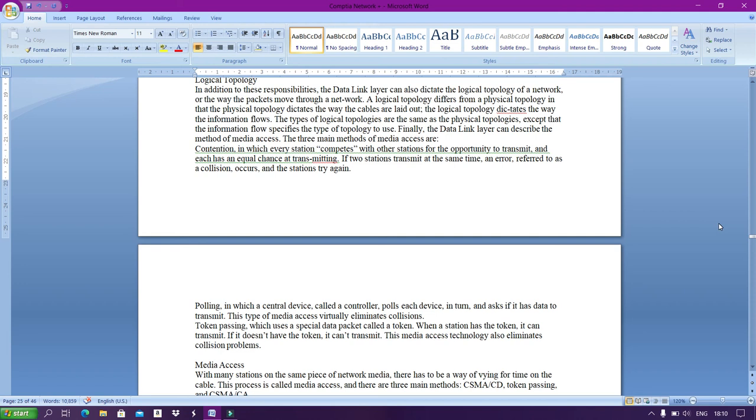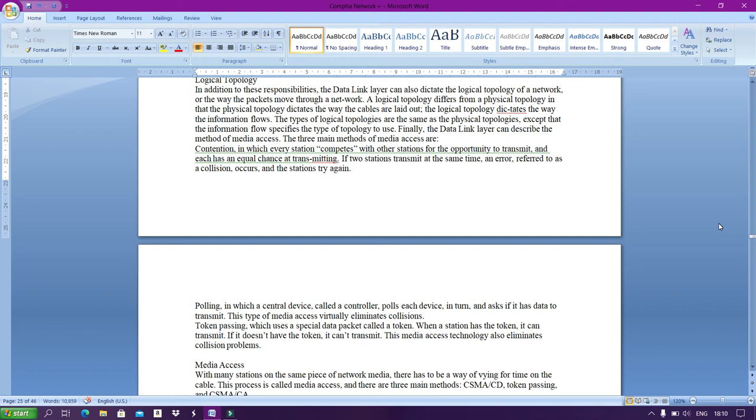The logical topology dictates the way the information flows. The types of logical topologies are the same as the physical topologies, except the information flow specifies the type of topology to use. Finally, the data link layer can describe the method of media access.